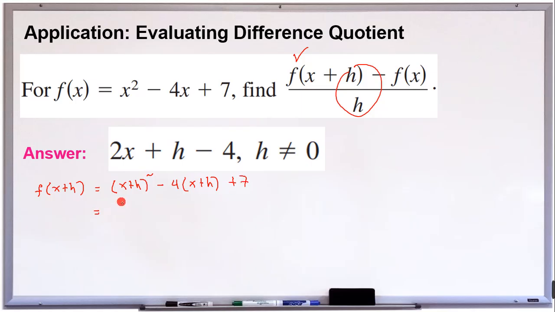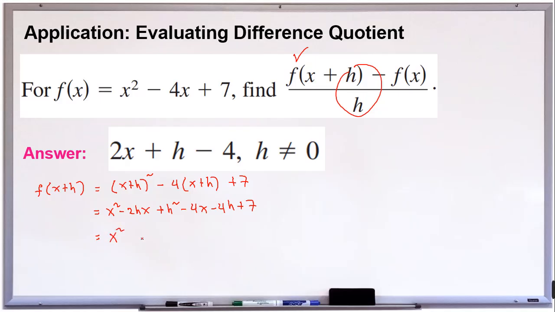Now we're going to expand this, that would be x squared minus 2hx, then plus h squared, then here that's negative 4x minus 4h plus 7. Okay, so next we're going to simplify this further.